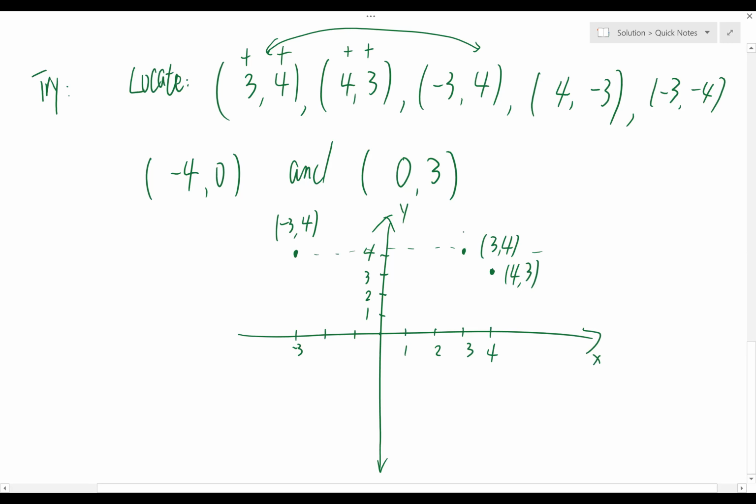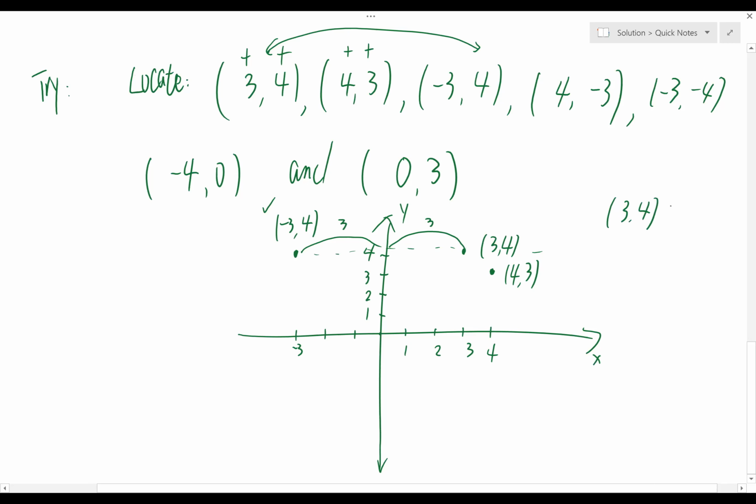More accurately speaking, it's symmetrical with respect to the y-axis, because the distance from this ordered pair to the y-axis and the distance from this ordered pair to the y-axis is the same. It's both 3. Just look at the distance.